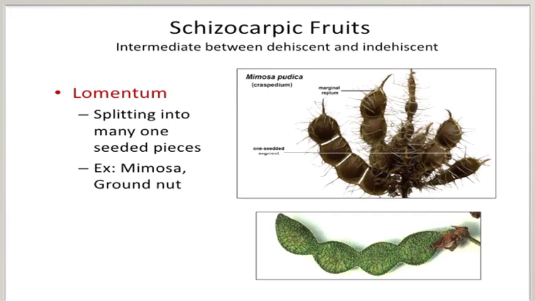It splits transversely at the constriction, splitting into many one-seeded parts through the false septum, which we also call a constriction. So each legume is divided into a number of one-seeded pieces by means of false septum or constriction. So this is lomentum.